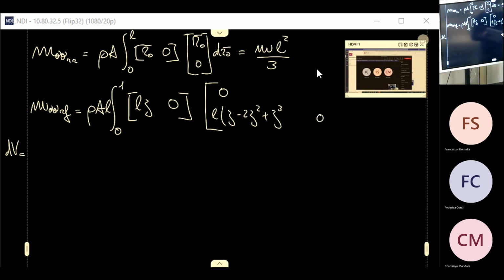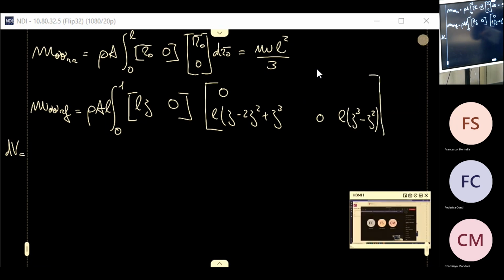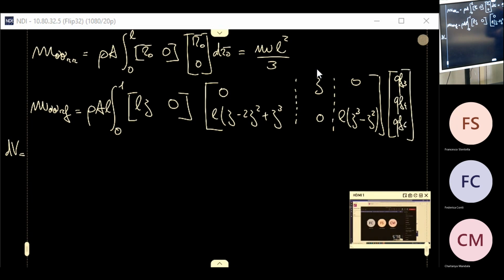And then you have L. For the sake of clarity, these are the columns. And then you have to multiply it by QF. Okay, so this is QF3, QF4, QF6, all integrated in index C.